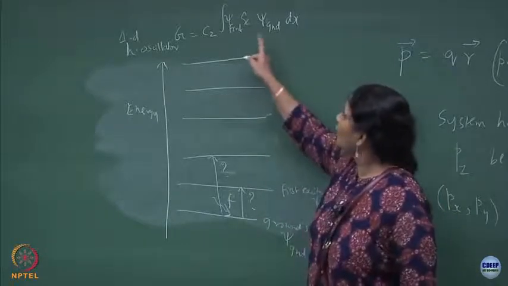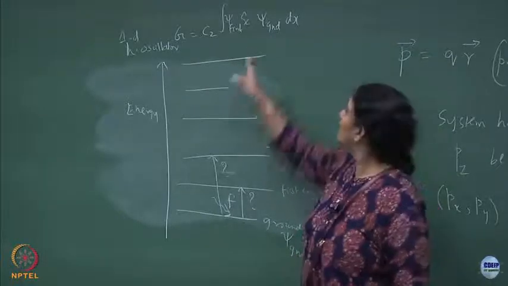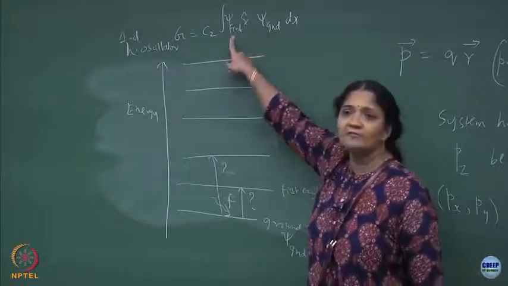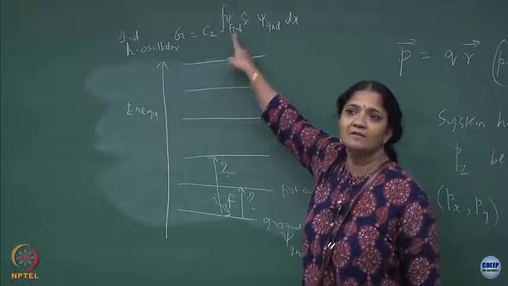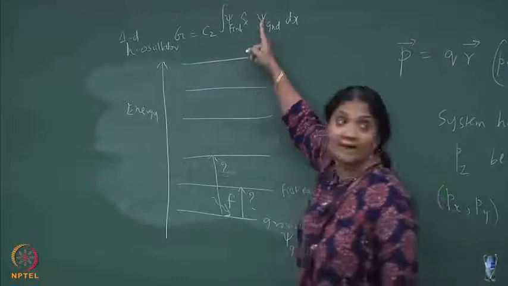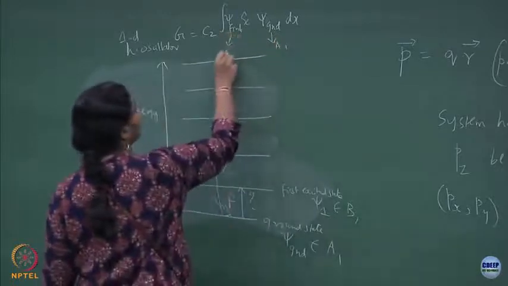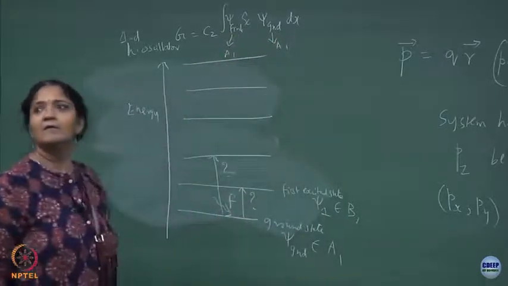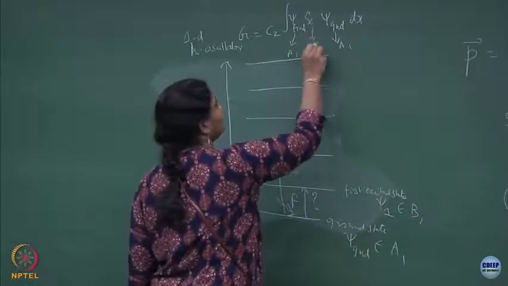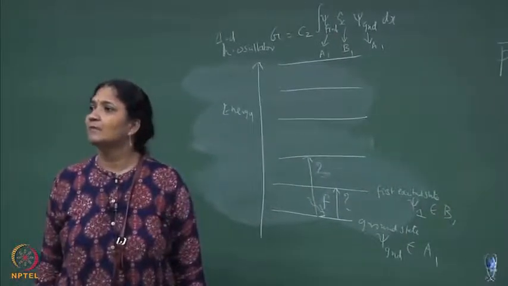Which one will be non-zero, which one will be 0 is the question. If this was an even function and this one is also an even function, will this be 0 or no? 0, right? So, you know that. So, if this belongs to A1, and this also belongs to A1, the x operator belongs to B1, clear?